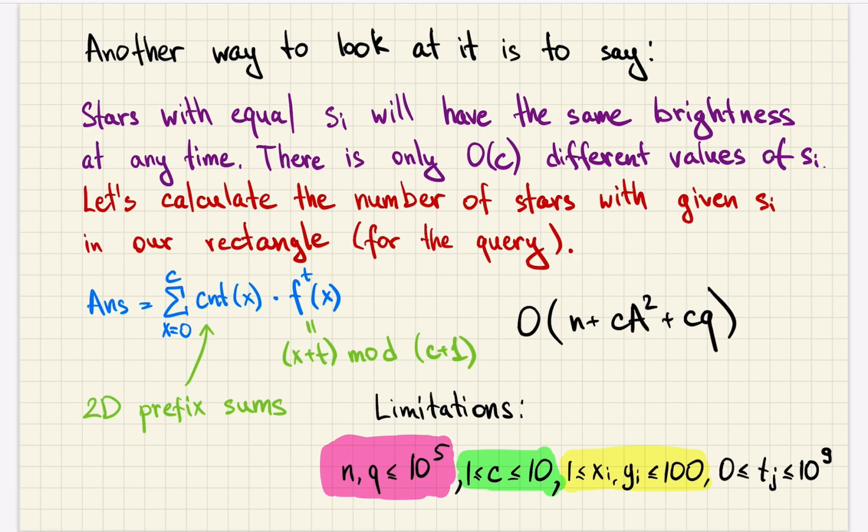You still need to understand that with that solution, but you don't have to start with it. You can first write it like that, and then say, okay, I need to be able to calculate the number of points in a subrectangle, which is still two-dimensional prefix sums, and I need to understand what will be the brightness of a star at moment t if initially it was equal to x.